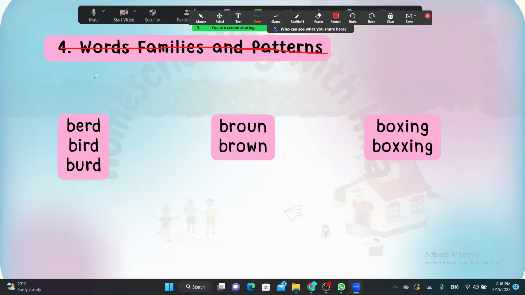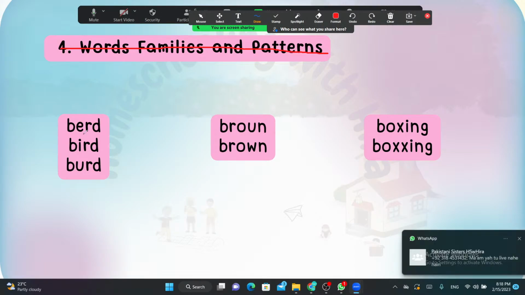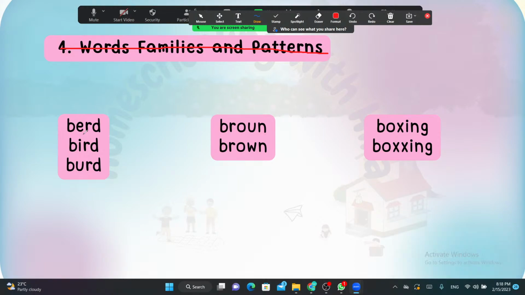What children need to do here, they can write the spelling with all the possible things. The word is bird.